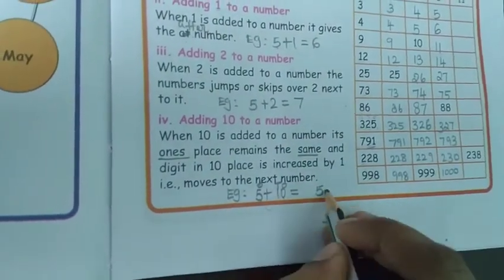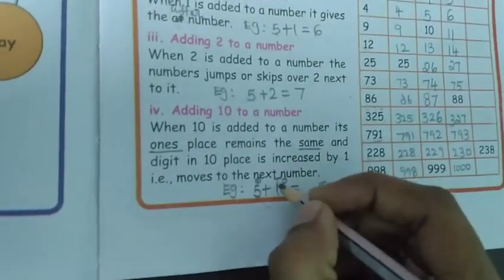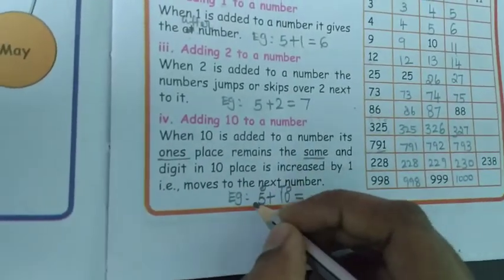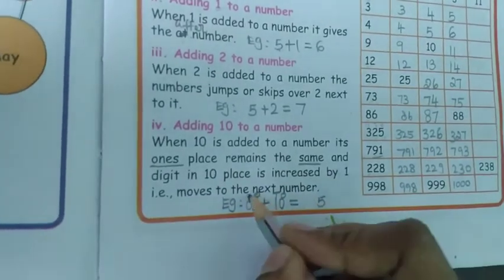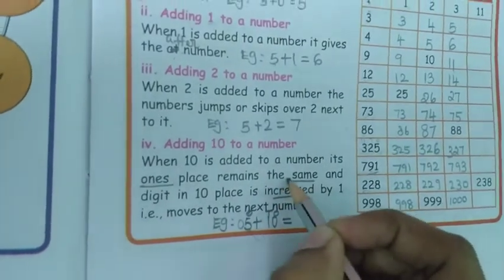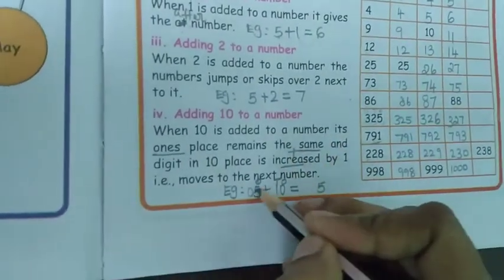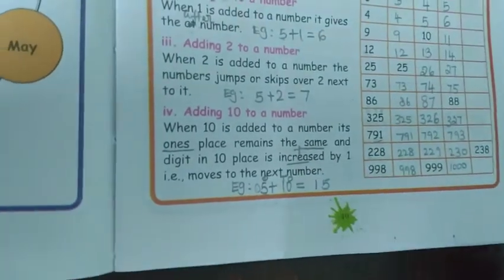And the digit in the tens place: what is the tens place? Nothing, so nothing means 0. So the tens place is increased by 1. Increased means plus, addition. Now 0 plus 1 is 1. So 15 is the answer.